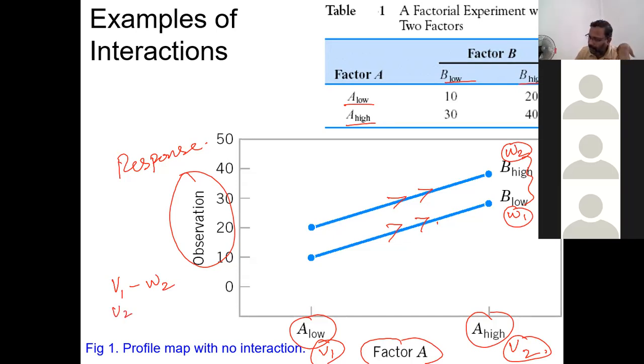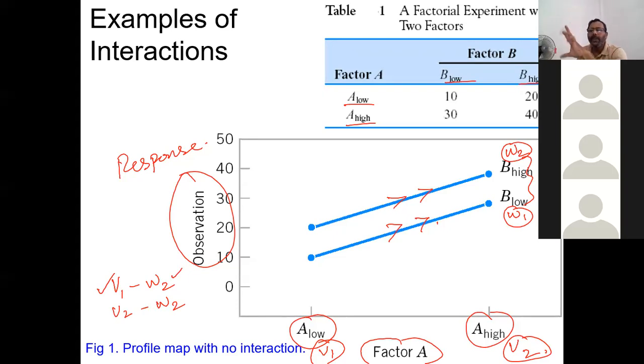Again, the same question, little differently. What is the good W for variety 2? What is the best W for variety 2 to obtain the high yield? Our main aim is to obtain a high yield. It is also W2. So for variety 1 also, W2 is the best.